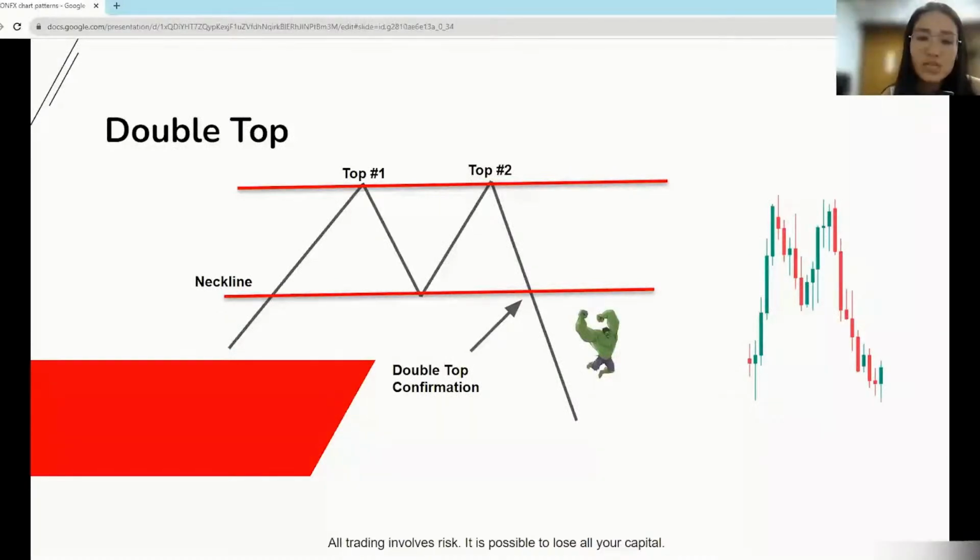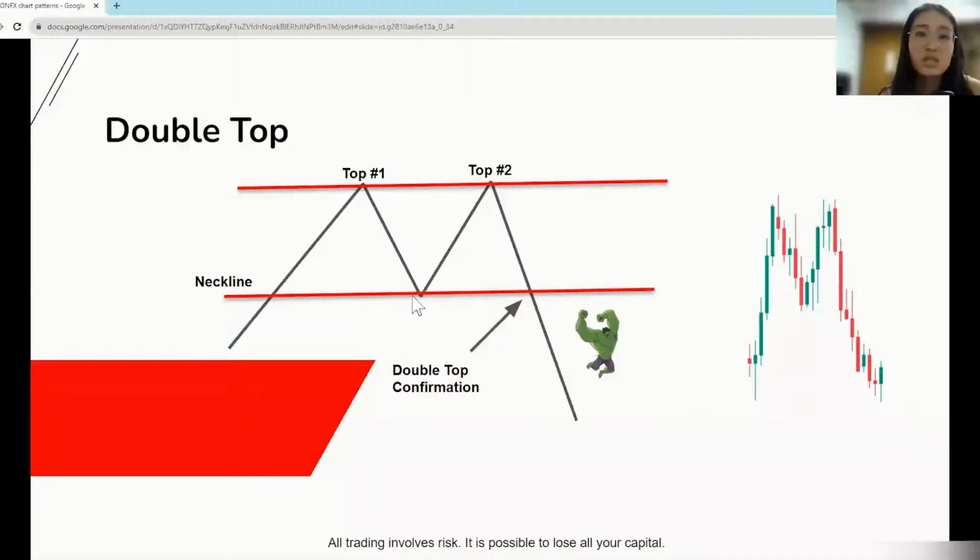So firstly, we have a double top. A double top is a chart pattern where the price reaches a high twice, as you can see from the image that I've shown here. So we have one top and two tops, and it fails to break out higher during the second attempt. You can see that it reverses off of that same swing high resistance. The pattern comprises two peaks of nearly the same size and a bottom between them.